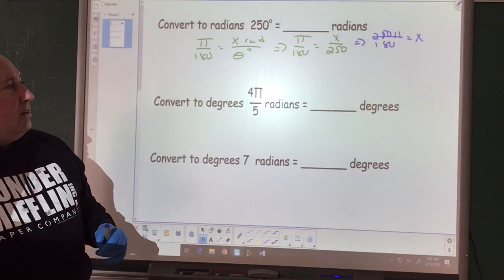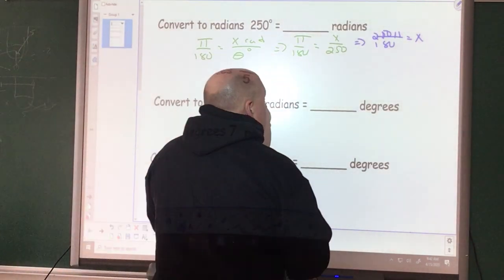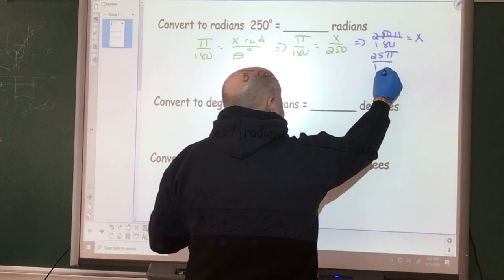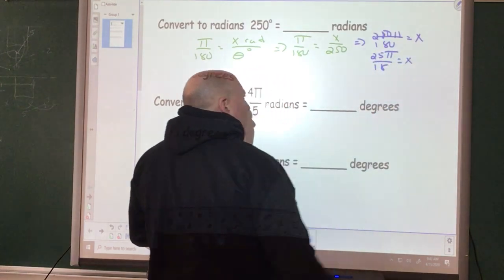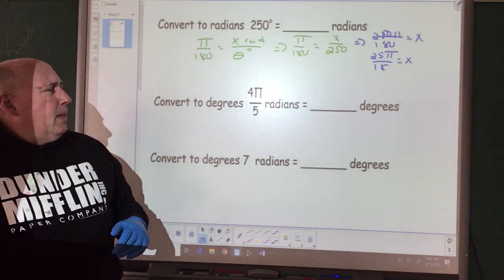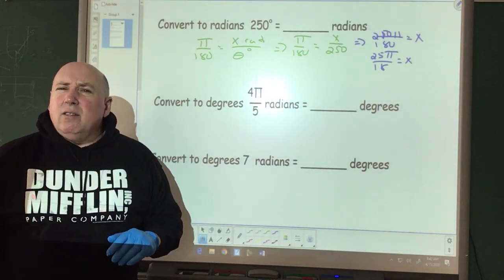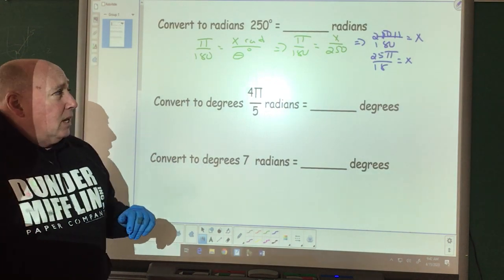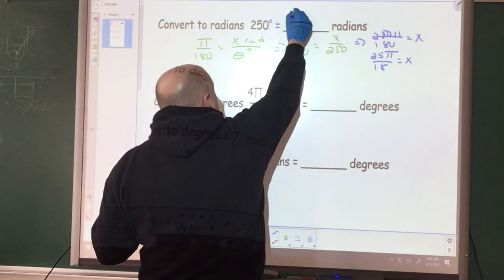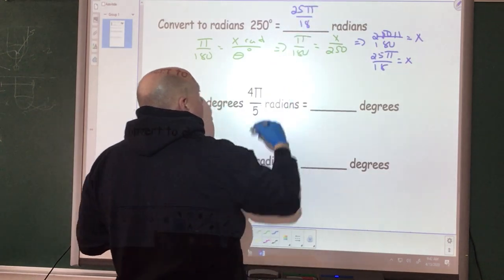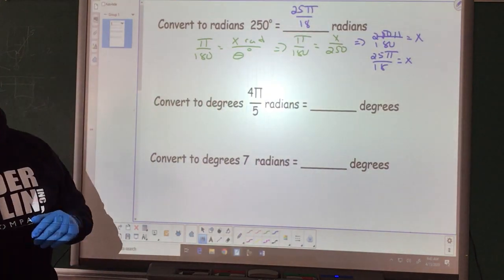We can cancel out our zeros, so we have 25 pi over 18 is equal to x radians. Can we take anything out of 25 and 18? I don't think we can. So that's the number of radians we have, 25 pi over 18 radians.